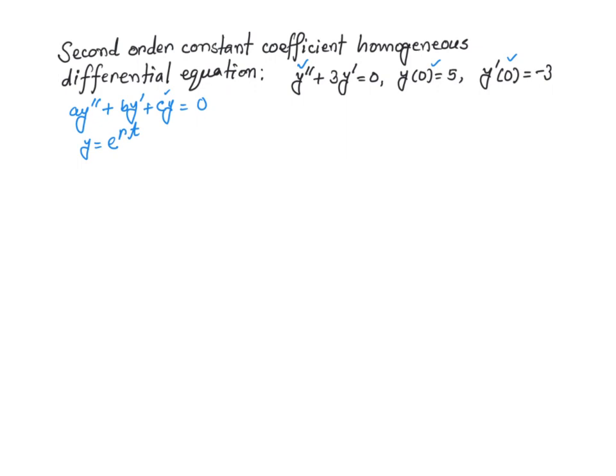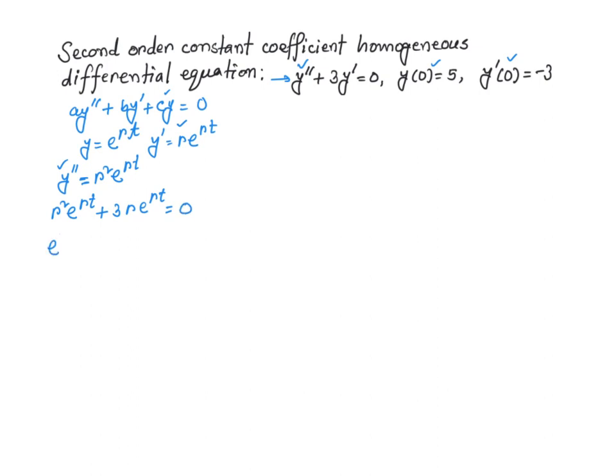So y prime is going to be r times e to the power rt, and y double prime is going to be r squared times e to the power rt. Now, if I take this value and plug in here, I get r squared e to the power rt plus 3 times y prime, r e to the power rt, is equal to 0.